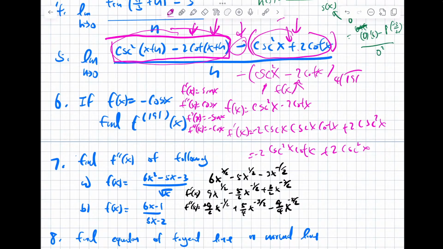That gives you 4, 16, 31, and 7, 28. 3 is the remainder, so this is negative sine of x. You always have to put them in that order, regardless of what f(x) is. I could have started with negative sine of x, negative cosine of x, or sine of x. It doesn't matter. I have to take 4 derivatives to see the pattern, because they call it cyclic behavior, so they go in cycles.